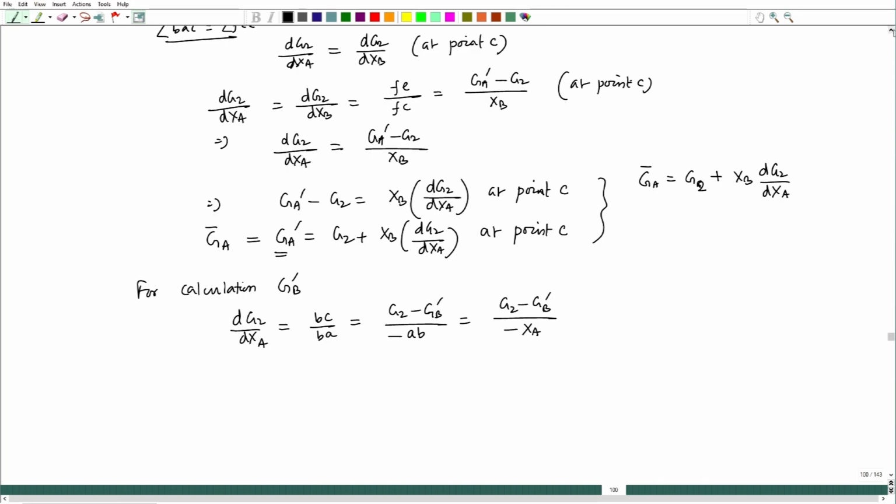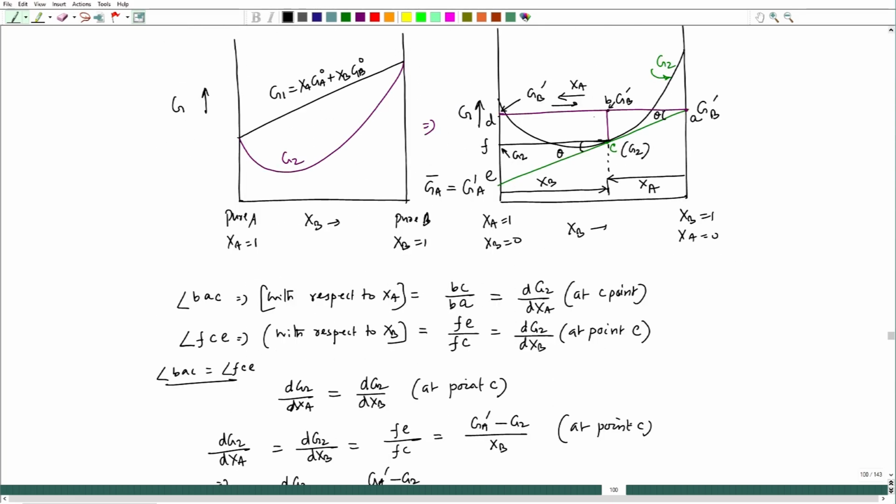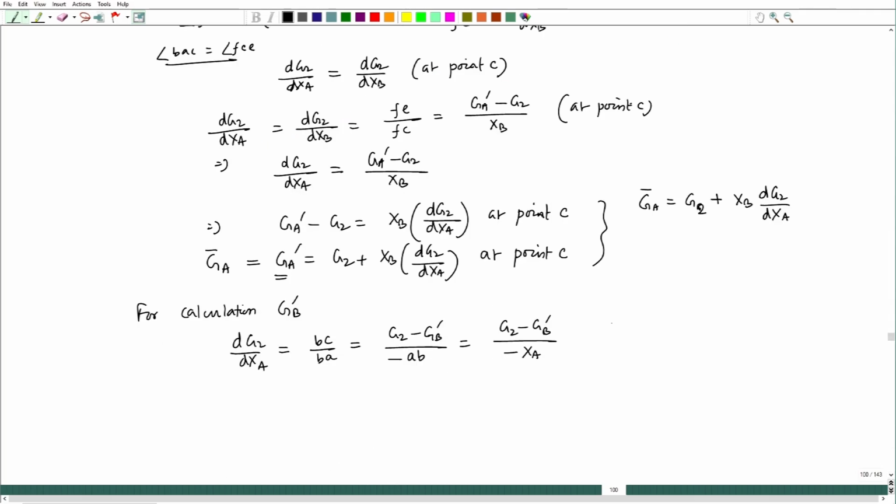So, let us see how it comes. You see, this point is now becoming XP bar. If I take only the free energy part, this is G2, and XA to be considered in this direction. So, that means we have taken BA. If I consider AB, then it has to be minus of XA at point C. So, this is nothing but dG2/dXB.